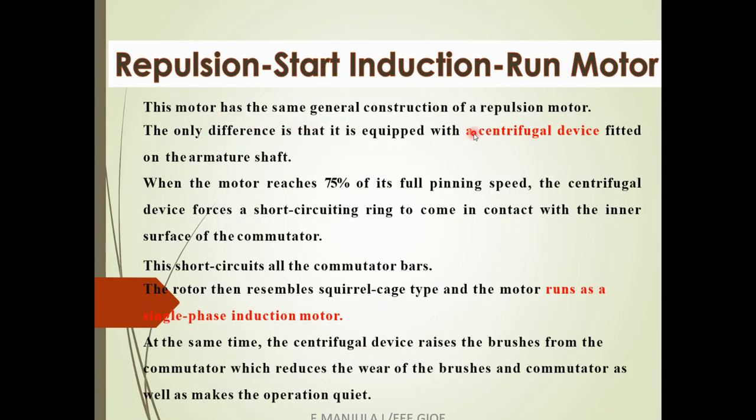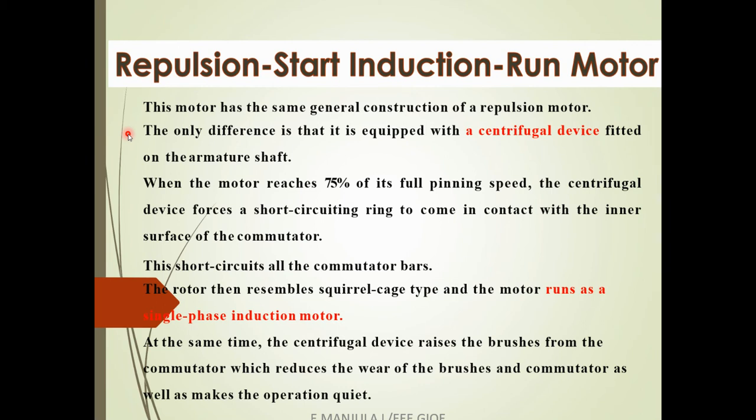This motor has the same general construction as a repulsion motor, and the only difference is that it is equipped with a centrifugal device fitted on the armature shaft. When the motor reaches 75% of full speed, the centrifugal device forces a short-circuiting ring to come in contact with the inner surface of the commutator.